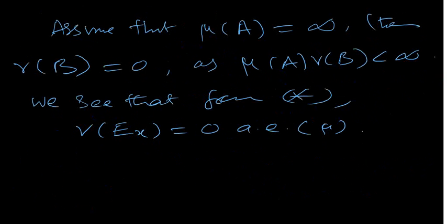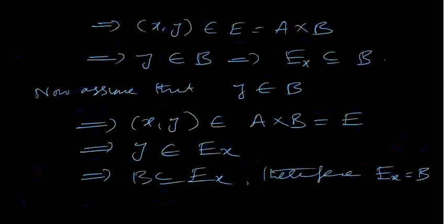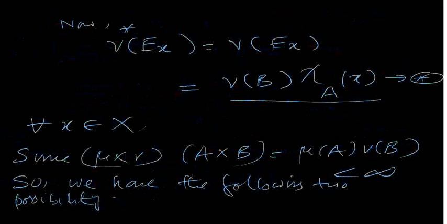So measure of B is 0. That's the case. Okay, this is star. The measure of this set is 0. We have to show that this is equal to 0 almost everywhere.